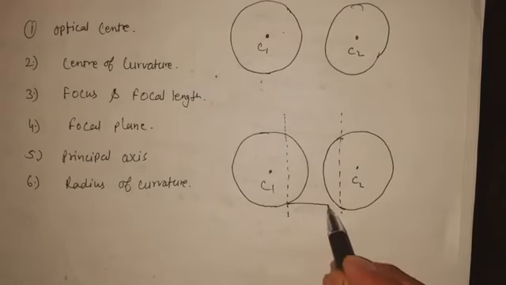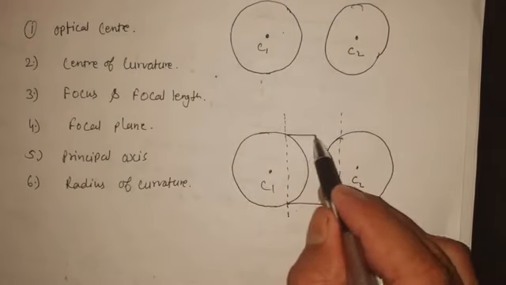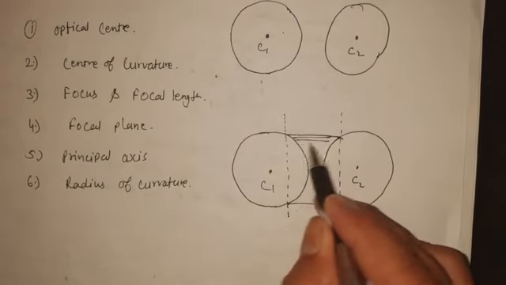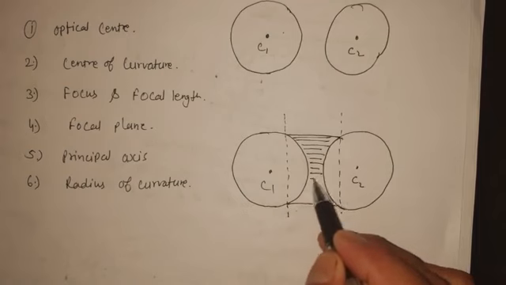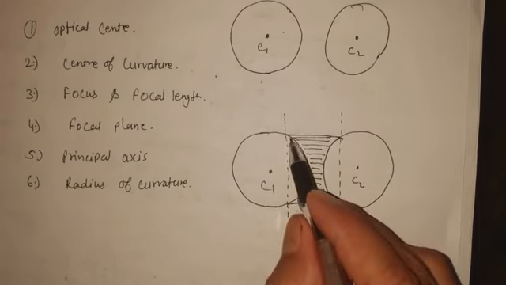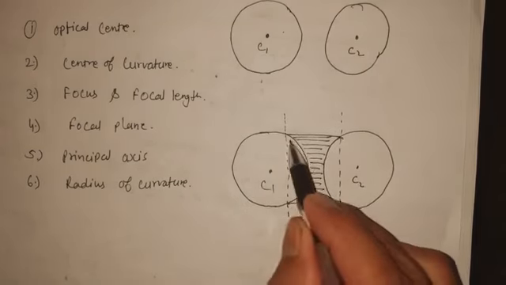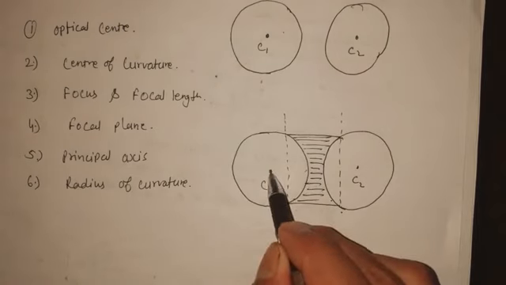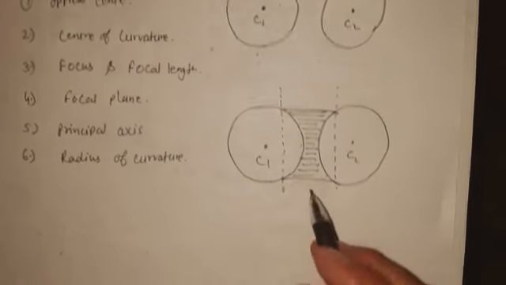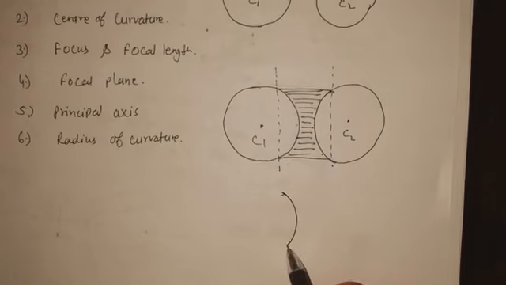If I retrace it back, these appear to meet at a point. When we retrace back, we show them with a dotted line. So they meet at one point on this principal axis. This is the focus. Left side it was the C1 center, while the right side was the C2 center.